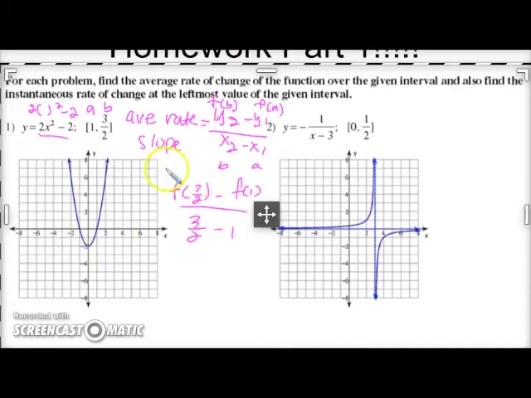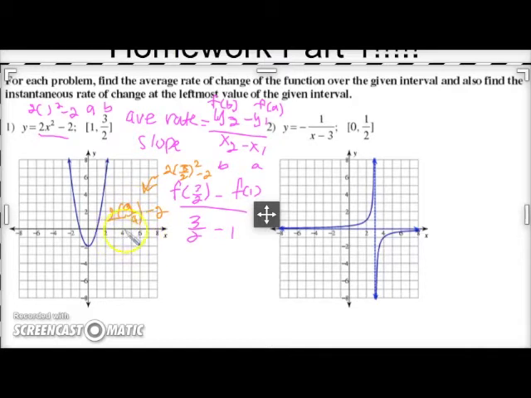I'm going to get 2 parentheses 3 halves squared minus 2. You can do this on a calculator if you want. But you clearly see that I'm going to get 3 halves squared, and 3 halves squared is 3 squared, which is 9, over 2 squared, which is 4. So this is really 2 times 9 over 4 minus 2.